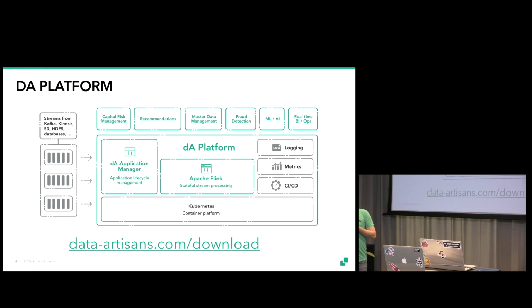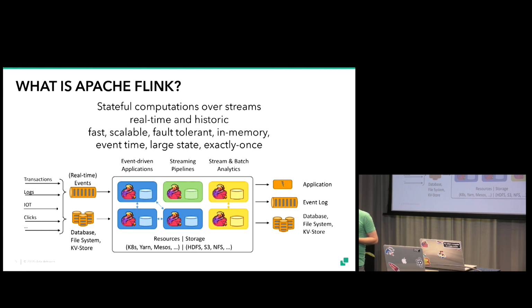This component helps you to fix bugs in your streaming applications, to migrate them from one cluster to another, to suspend and resume them. It's integrated with logging, metrics, and continuous integration and deployment. So all of that makes maintaining streaming applications in production very easy, and it's also built on Kubernetes.